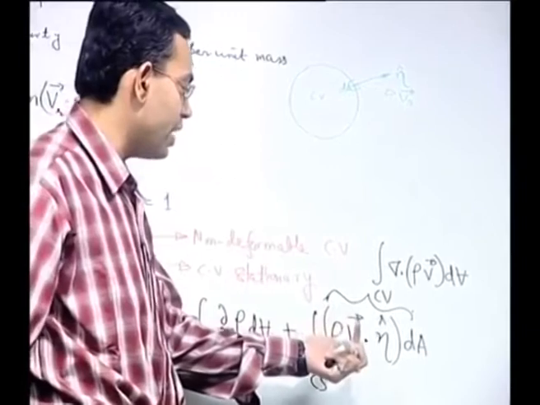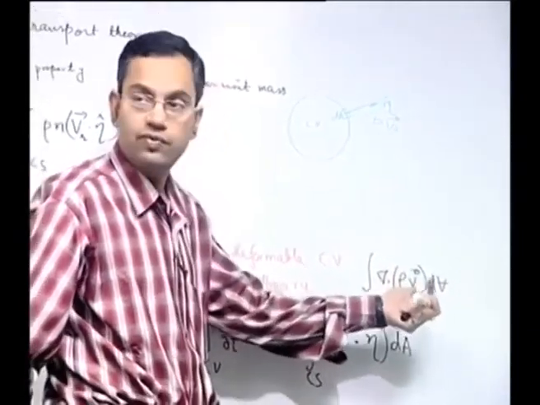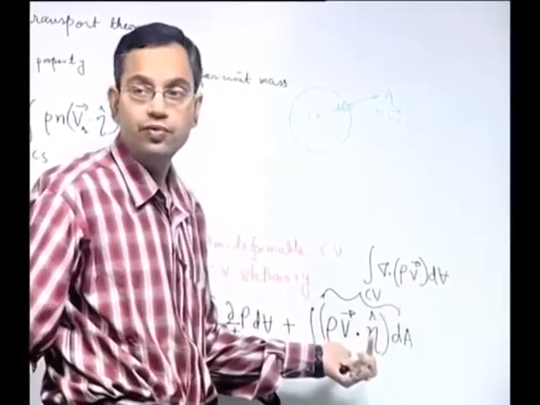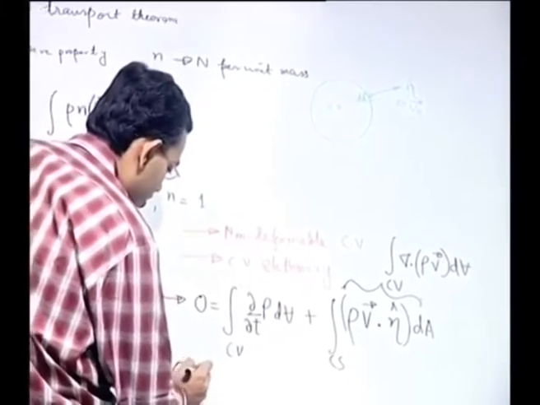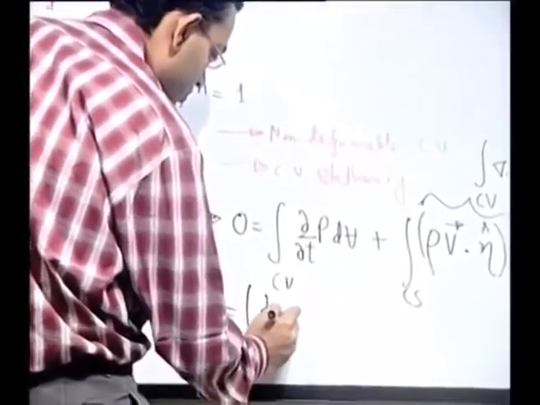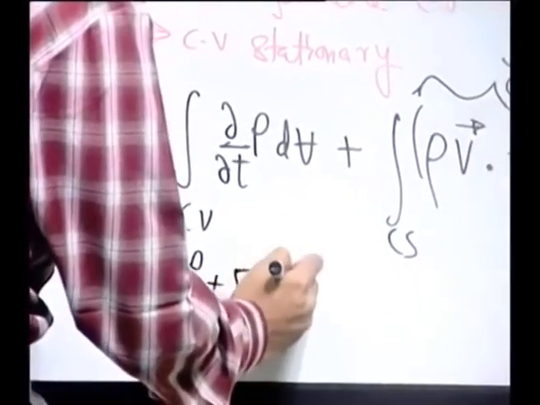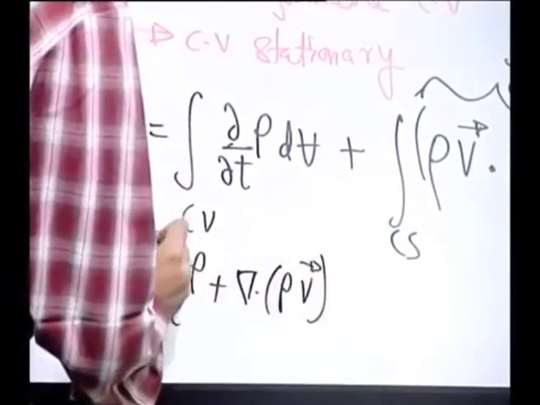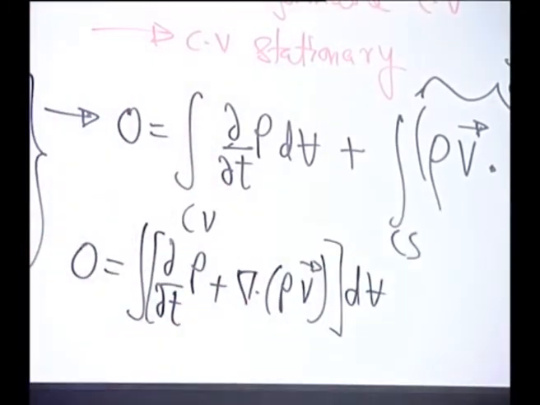It is like if f is a vector function, then f dot eta dA is divergence of f dv, where f equal to rho into v. So with these considerations we come up with the equation 0 equal to this one.